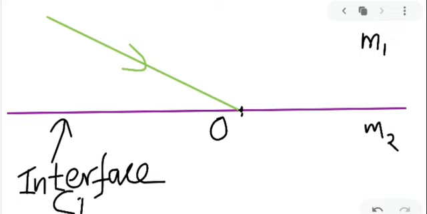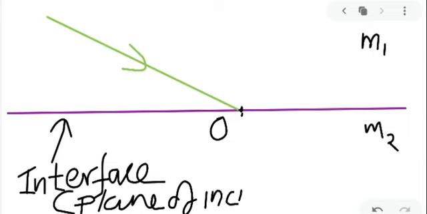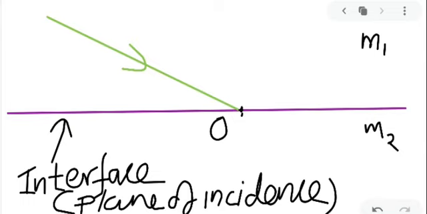Interface is actually the plane of incidence. It is the boundary between two media. So the point O was the point of incidence. It is a point on the plane of incidence where the light ray from one medium is incident.